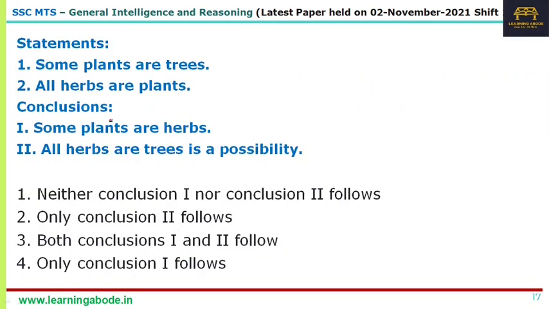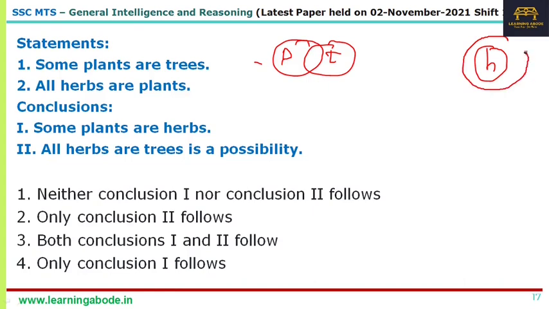Now let me go for the most simple method of Venn diagrams. The first statement says some plants are trees. So if I draw a plant circle, some of these plants are trees. Now the second statement, all herbs are plants. You can draw a herb circle, and all herbs are plants.